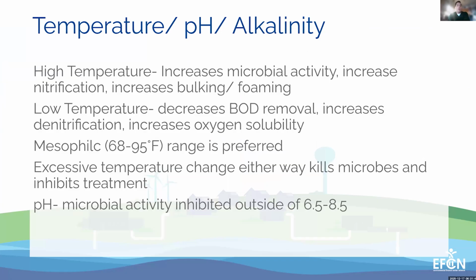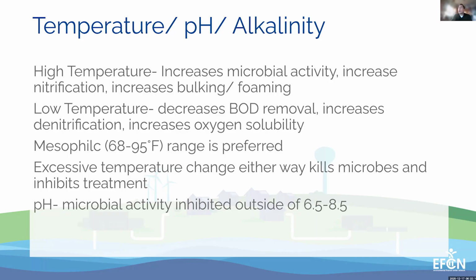So the next control variable that we want to talk about is a combination of temperature, pH, and alkalinity. We've touched on these a little bit, but they're important because increased temperatures can result in increased microbial activity and increased nitrification. But if the conditions are too advantageous to our bacteria, that can result in excessive growth and bulking or foaming.